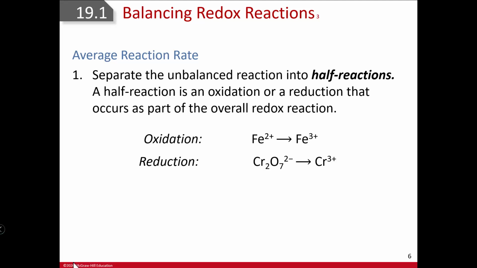So in this case, iron is going to be losing 1 electron here. And then reduction says that each one of these chromiums is going to have to gain 3 electrons, because we said they were positive 6 each, and now they're only positive 3. So these are going to gain 3 electrons each. So that's where we're going with this.